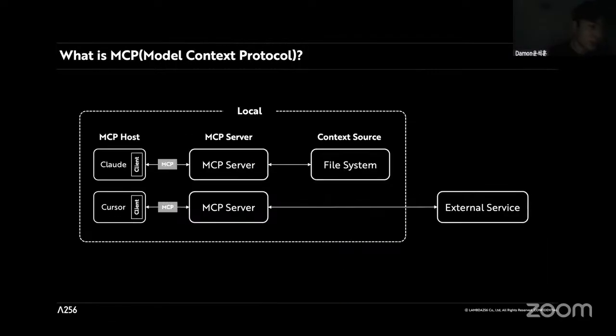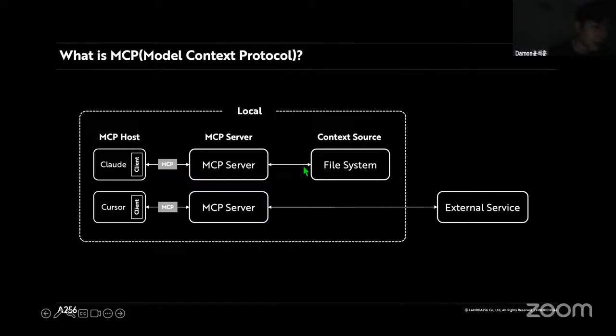Now that you have a basic understanding of what MCP is, let me show you how it actually fits into the system, with a bit more structure. This diagram shows how an MCP host, like Claude or Cursor, connects to the MCP server. MCP is just a protocol.